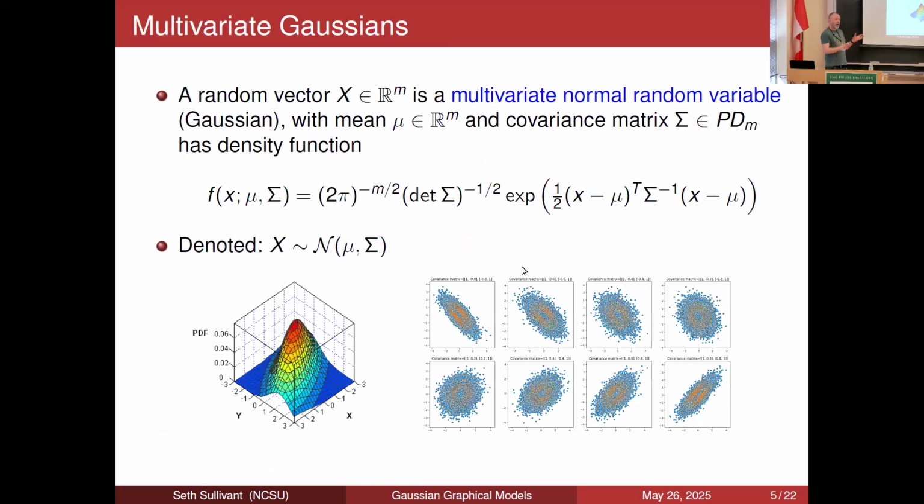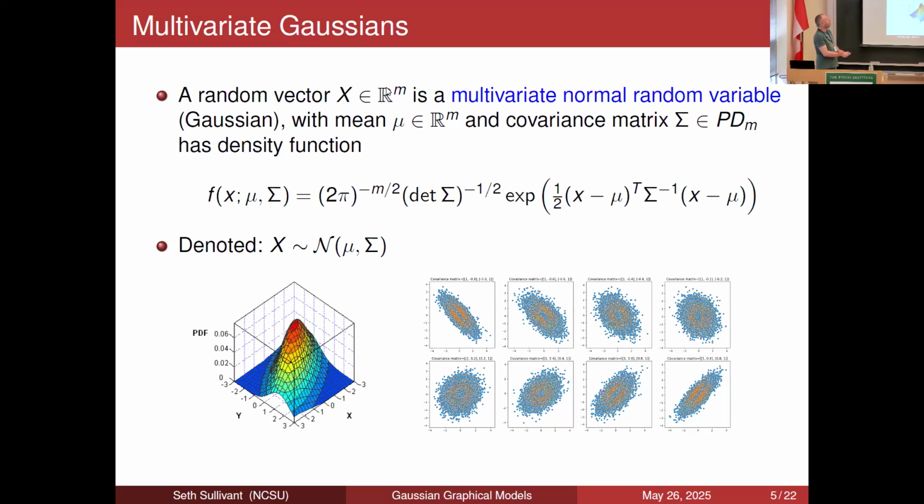So I'm going to talk about graphical models with Gaussian random variables. And so what does that mean? So a random vector, an m-dimensional random vector, is a multivariate normal random variable, or Gaussian, with mean mu and covariance matrix sigma.